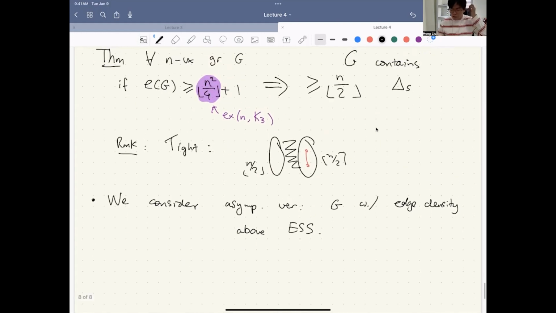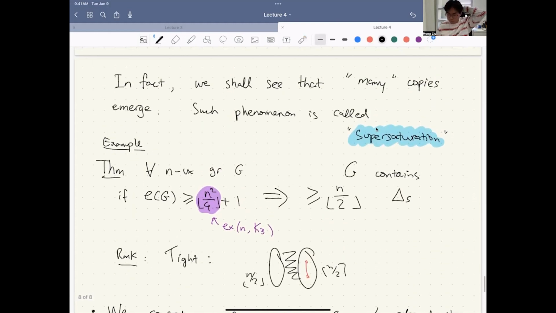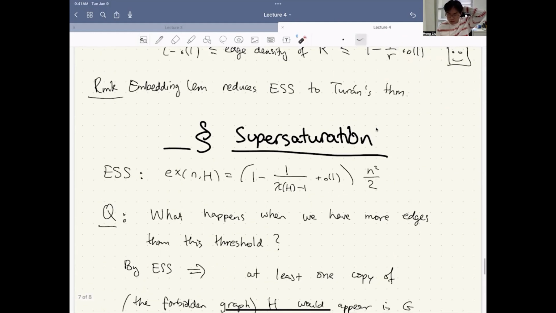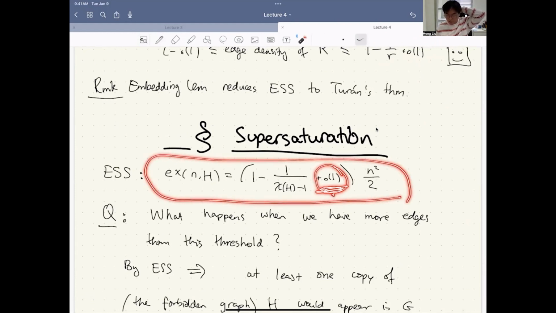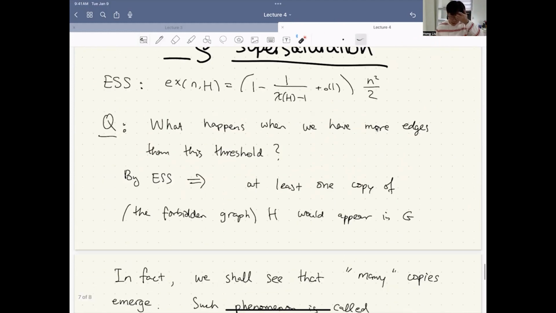So to write things in an asymptotic way, we've already defined edge density. Let's also define Turán density to make things cleaner, because otherwise we will always have this little o(1) term, which is a little bit annoying. So to do things in an asymptotic way, let's define Turán density that will help us get rid of this, and it's equivalent to this statement, all right? So how do I do that?